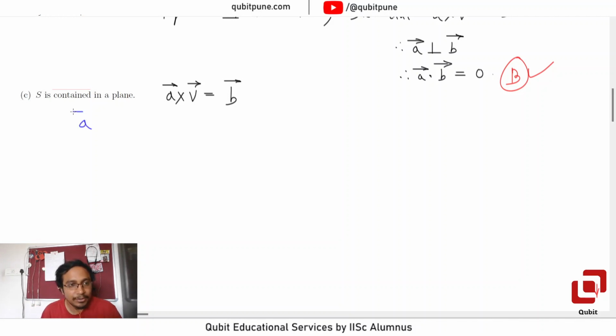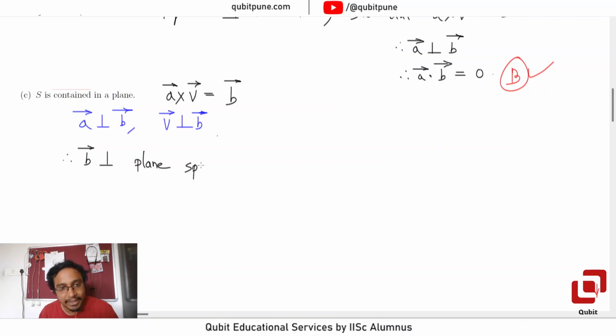Property of cross product will again come to our rescue. Okay, a bar perpendicular to b bar, v bar perpendicular to b bar. Now what does this mean? This basically means b bar is perpendicular to the plane spanned by a bar and b bar.